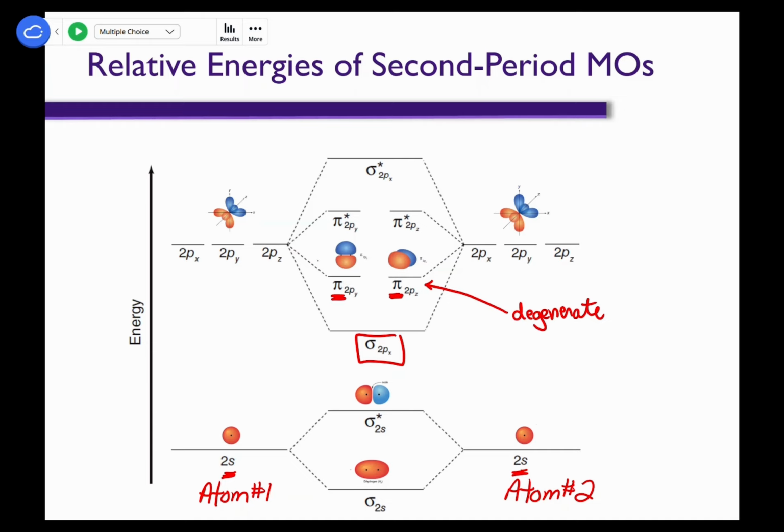And then, however much an orbital goes down is the same amount of energy that its opposite is going to go up, at least for this story. So the anti-bonding for the pi goes up the same amount, but compared to the sigma, it went way down in energy. So the sigma anti-bonding goes way up in energy.